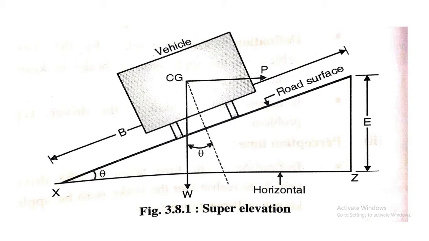Another, the weight W of the vehicle acting vertically downwards through the center of gravity. Another is the frictional force developed between the wheels and the pavement, acting transversely along the pavement surface towards the center of the curve.